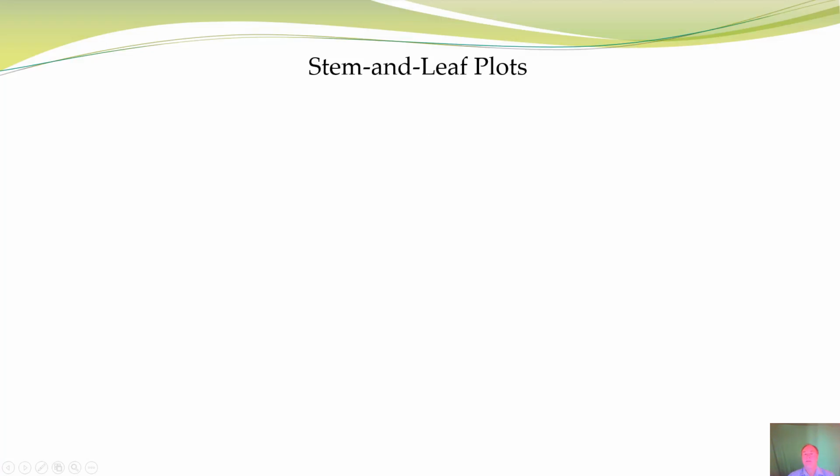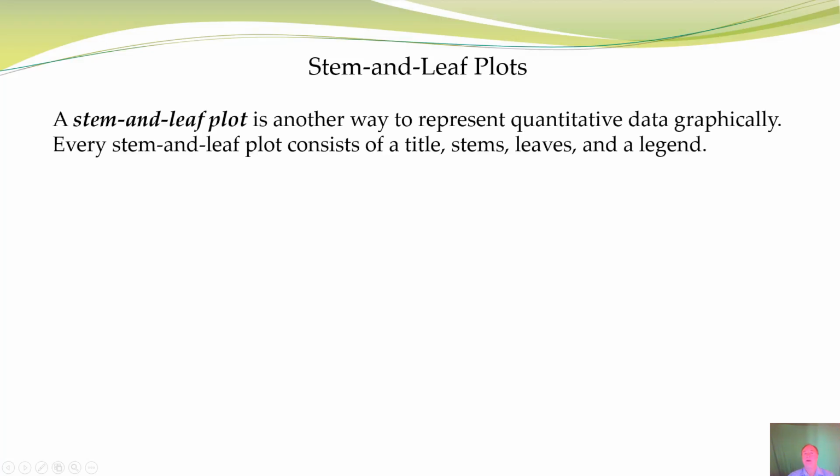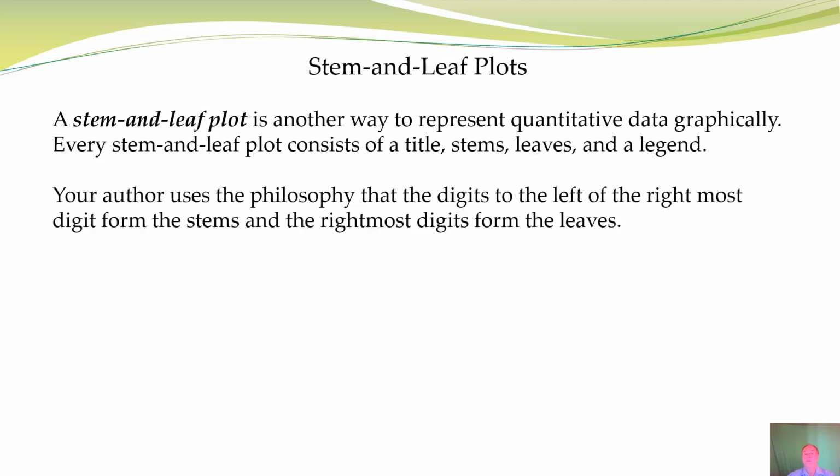Stem and leaf plots. A stem and leaf plot is another way to represent quantitative data graphically. Every stem and leaf plot consists of a title, stems, leaves, and a legend. Your author uses the philosophy that the digits to the left of the rightmost digit form the stems, and the rightmost digits form the leaves.